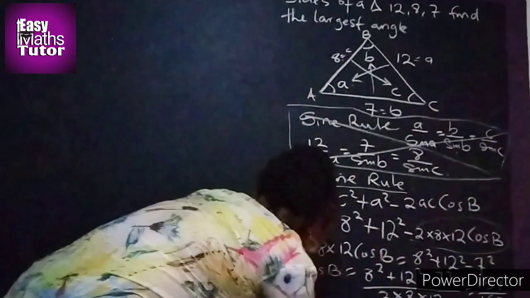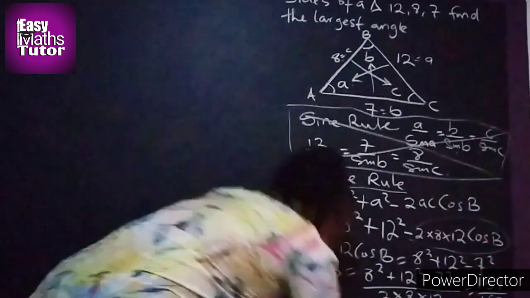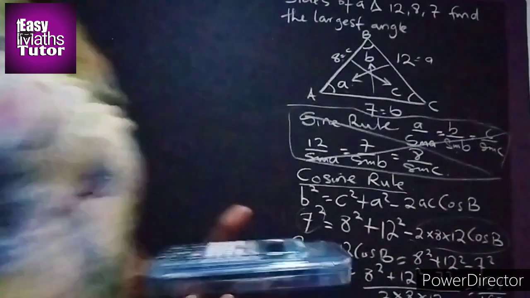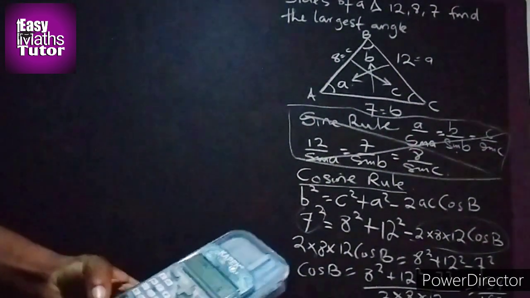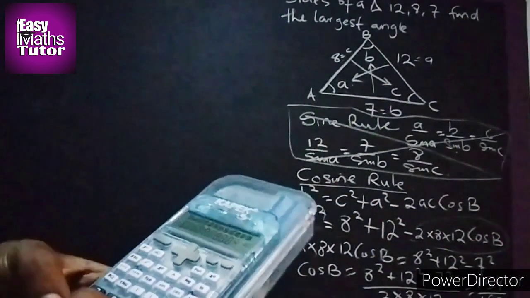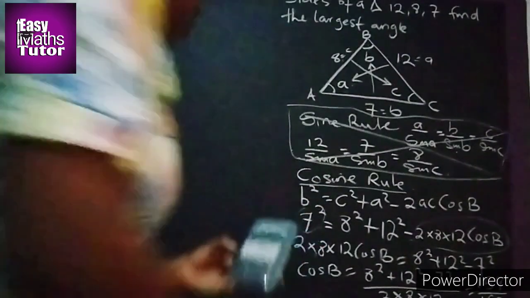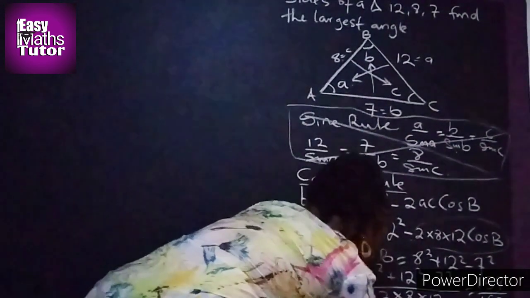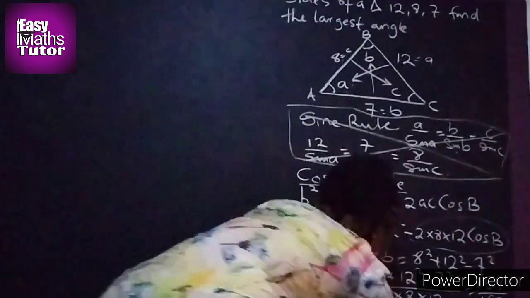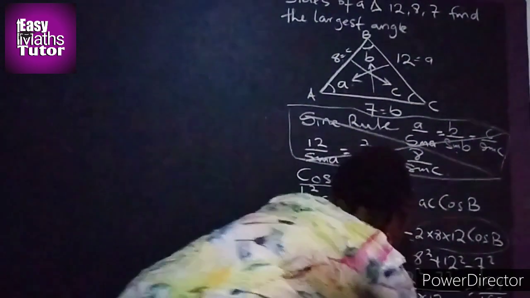B will be arc cos, that's cos raised to the power minus 1. 159 divided by 192 gives us 0.828125.